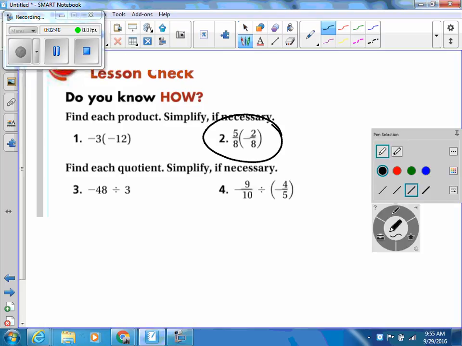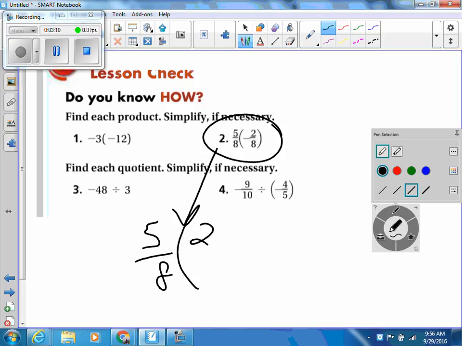Number 2. A number, it's a fraction, next to parentheses means I have to, everybody, multiply. Yes, we need a what? Multiply, that's what I'm talking about. So I'm going to bring it down here. I'm going to have 5 over 8.